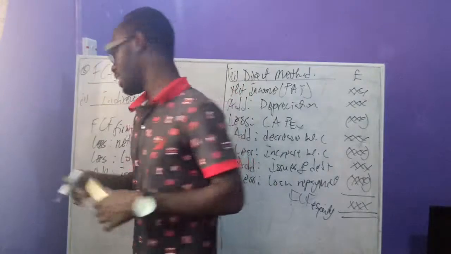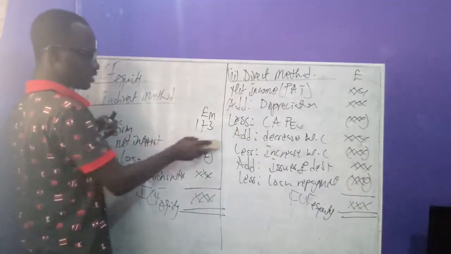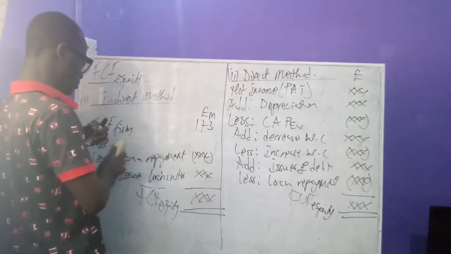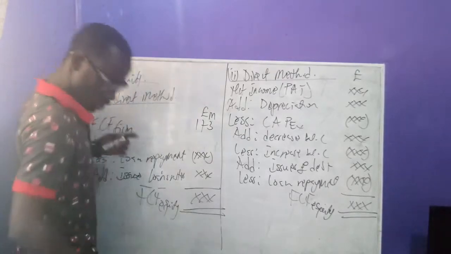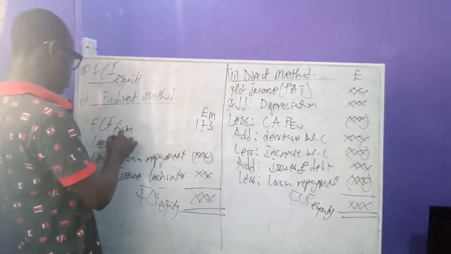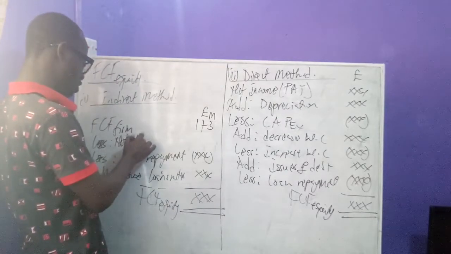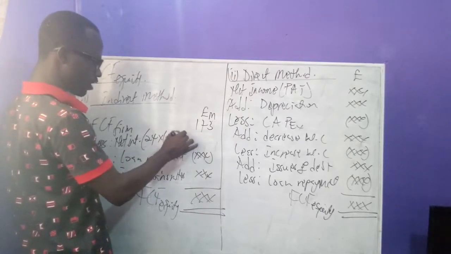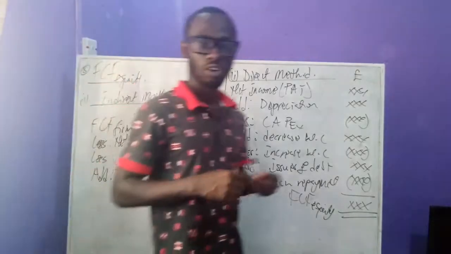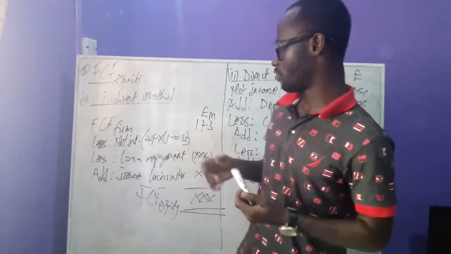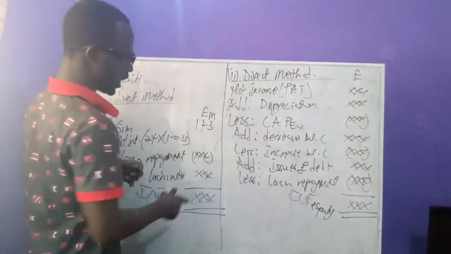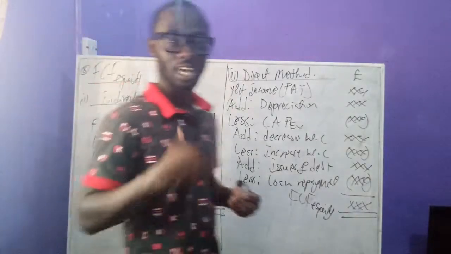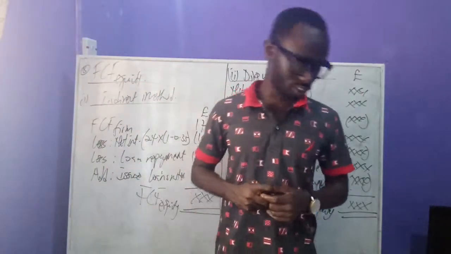So all we say is 24 times 1 minus 0.35. When we do that working, we are going to get 16. So we subtract that. That is how we calculate the net interest.